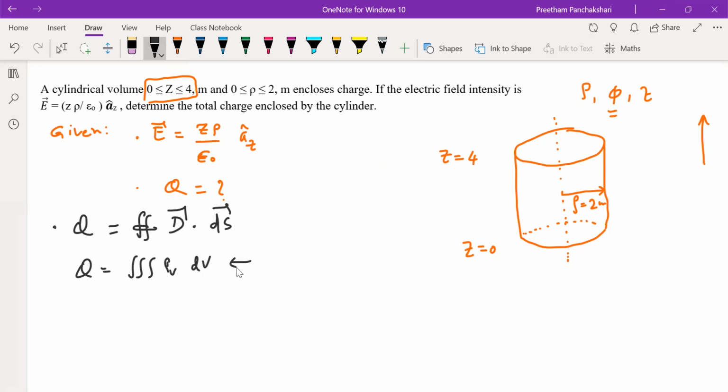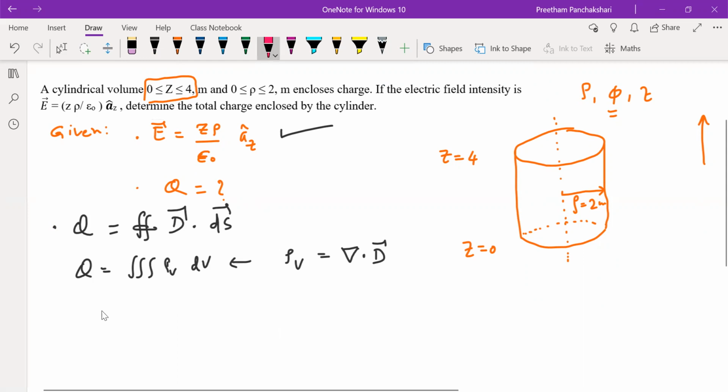But in this problem, rho v is not given, but it can be found from del dot d. So in both cases, we need d, but what is given is e. So we have to find d first from e, then proceed.